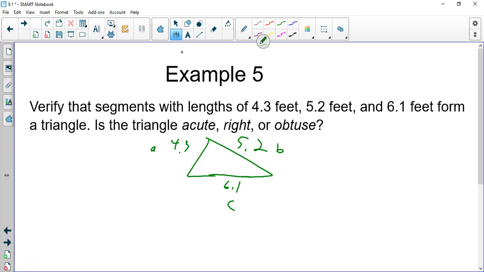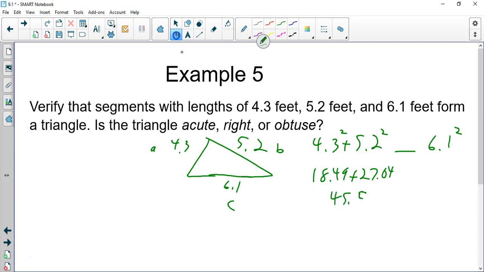So that means we need to do 4.3 squared plus 5.2 squared and compare it to 6.1 squared. So 4.3 squared is 18.49, and we're not going to round. Plus 5.2 squared is 27.04, which adds up to 45.53, which we're going to compare to 6.1 squared, which is 37.21.